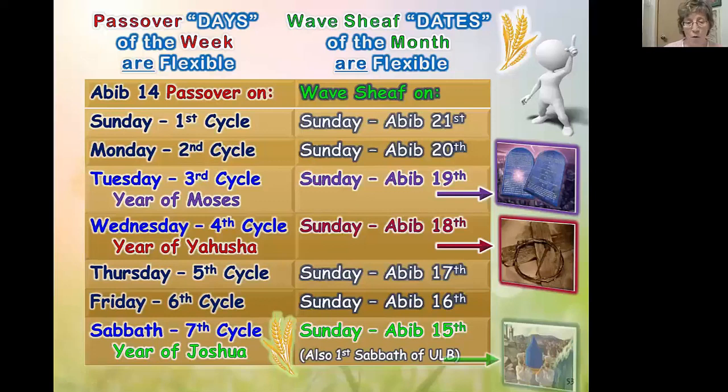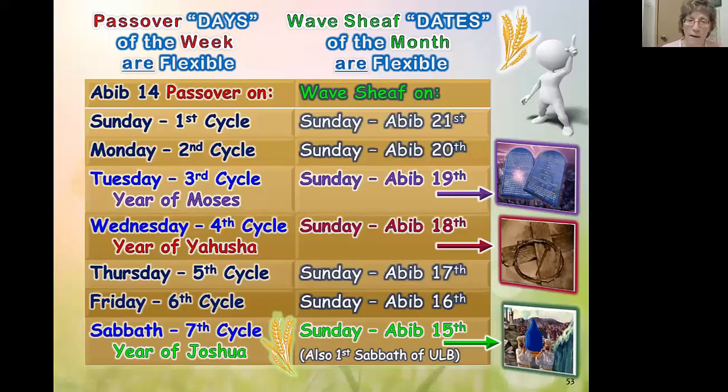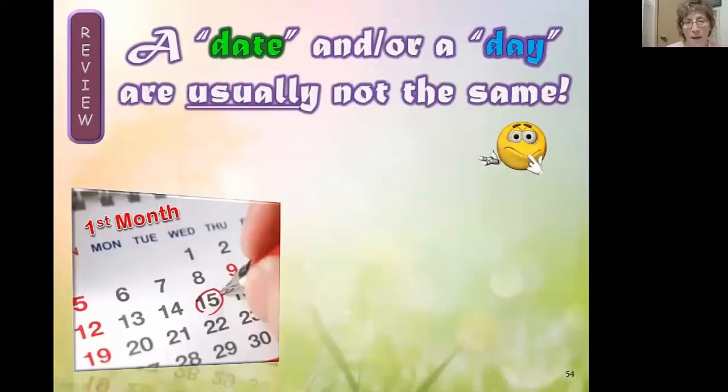He didn't cross on Abib 15, but he was celebrating wave sheaf on Abib 15, and it was unleavened bread Sabbath. Now, we had this slide last time, and some of you might have wondered why I put it in here, but I'm going to put it in here again because there was some confusion about dates and or days, and dates and days are not the same.